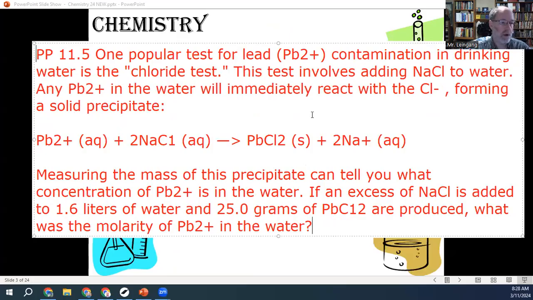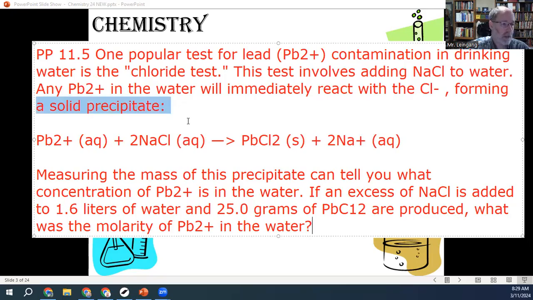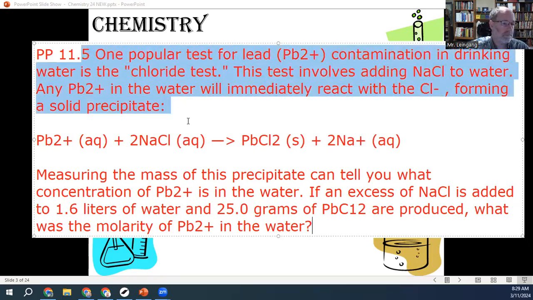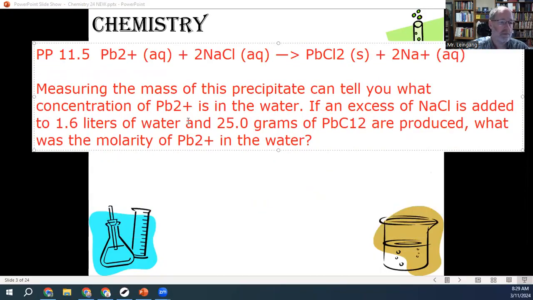All right, very wordy problem. 11.5: one popular test for lead, which is the Pb2+ ion, contamination in drinking water is the chloride test. This test involves adding sodium chloride to water. Any lead 2+ ions in the water will immediately react with the negative chloride, forming a solid precipitate. And then they give us the equation.